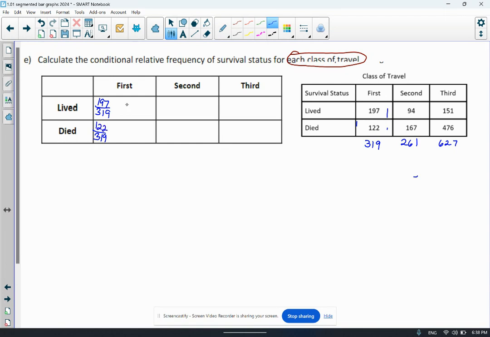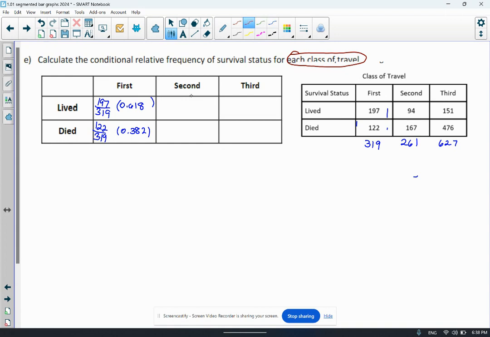So this, when you enter it in the calculator, is, hold on, I'm looking at the wrong thing, is 0.618. And 122 over 319 is 0.382.